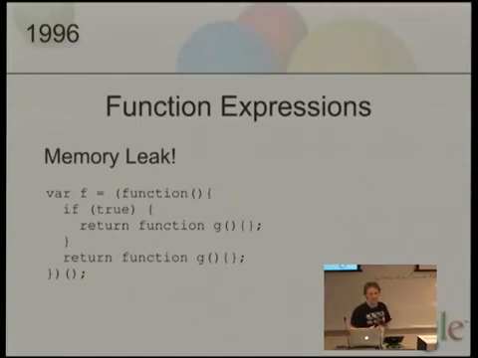In versions of Internet Explorer up to IE9, if you try and perform this assignment, both functions g, one of them is trapped within the closure that's defined by f.